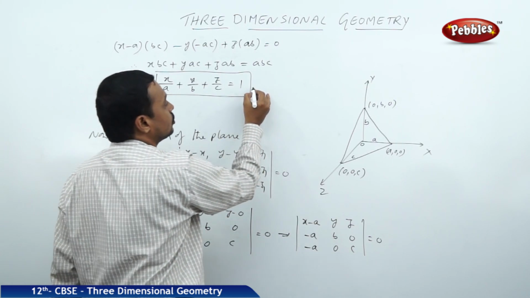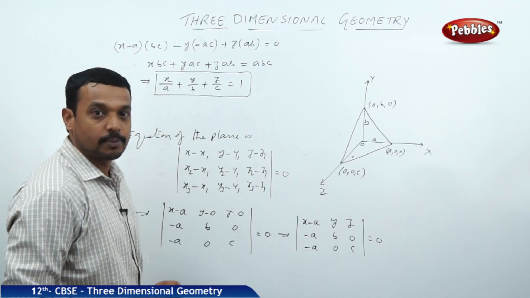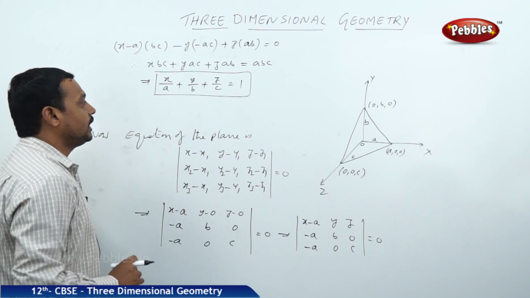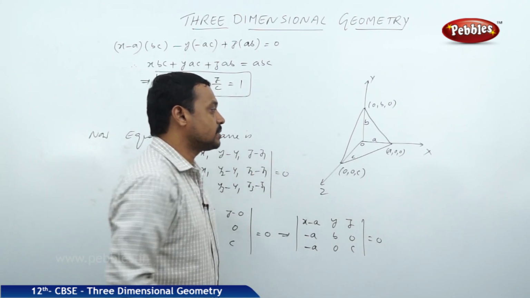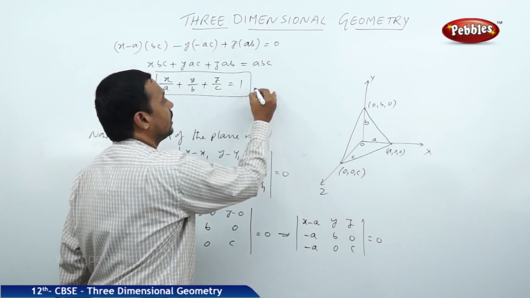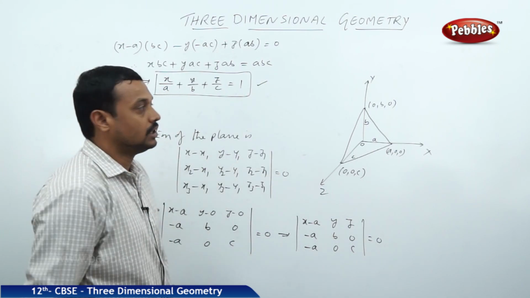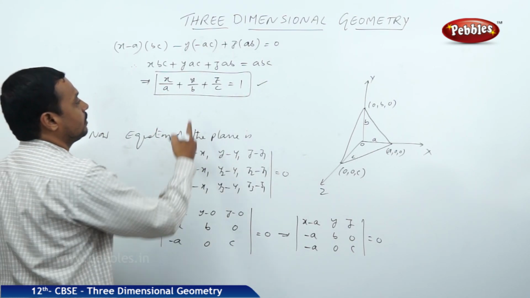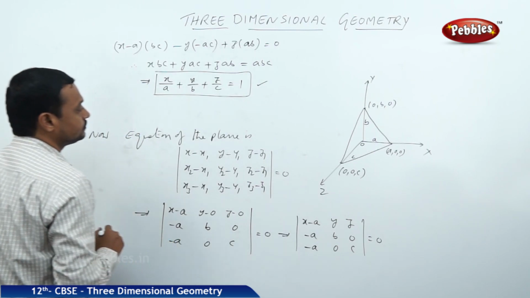This is also known as the intercept form of the plane. When we have the 3 intercepts on the coordinate axes, you can directly consider this equation: x by a plus y by b plus z by c is equal to 1.